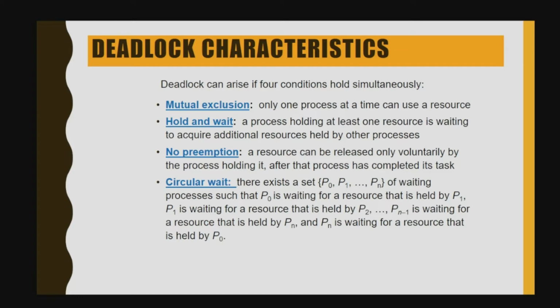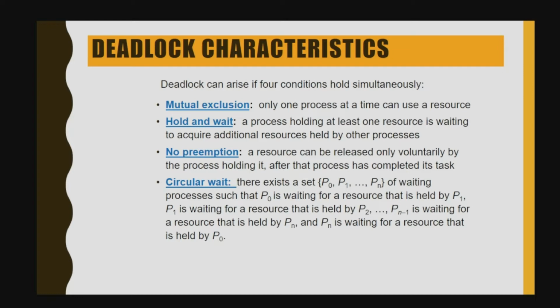And circular wait. There exists a set of processes. The symbol capital P refers to the process. So there exists a set of waiting processes such that P0 is waiting for a resource that is held by P1.